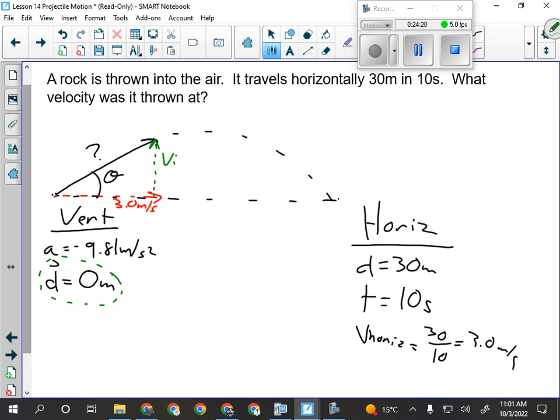If something goes up in the air and comes back down to the same height, how do VI and VF compare? They're the same, but one is negative. All right, so if I'm looking at this formula here, okay, I have this number, I have the time is 10 seconds.